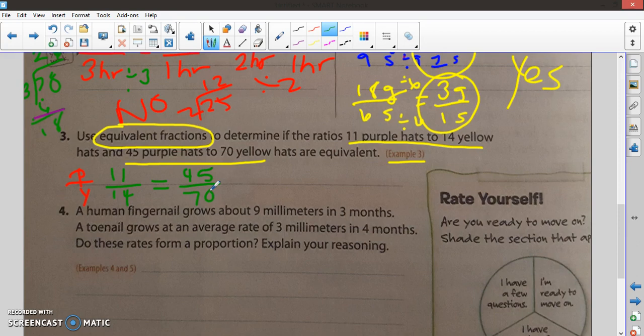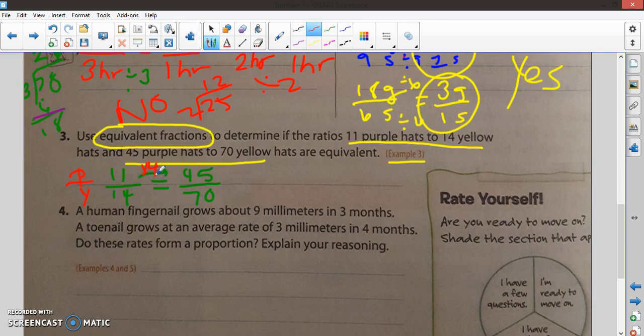So to get from 11 to 45, that's kind of hard. It's about 4 and something. So we know it's about 4 times, right?